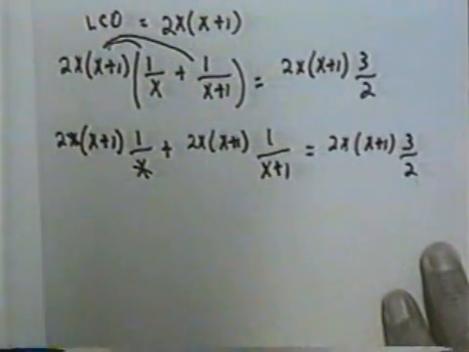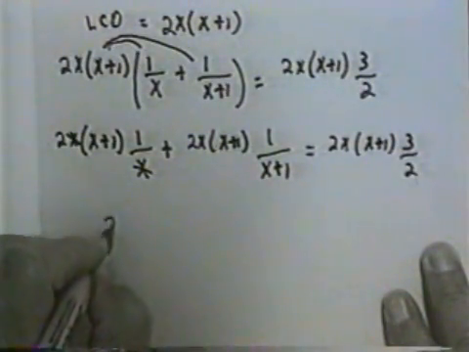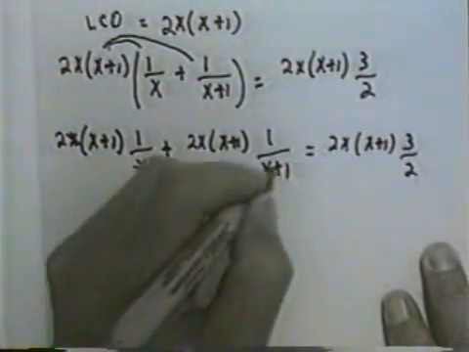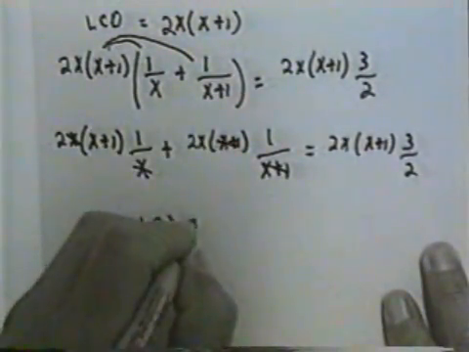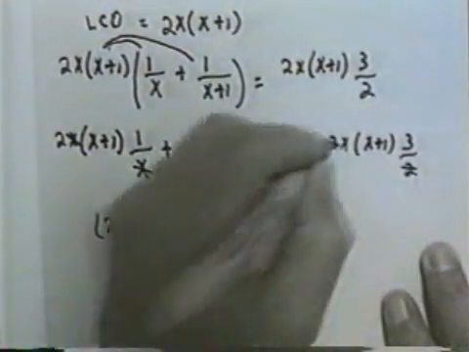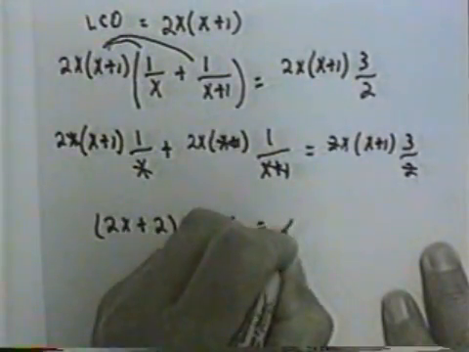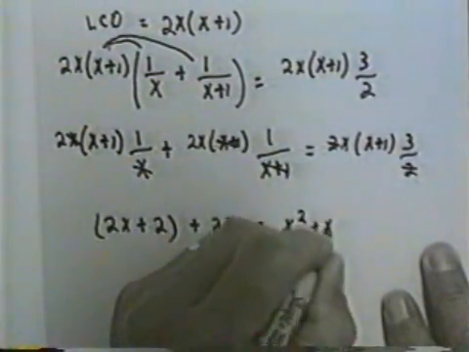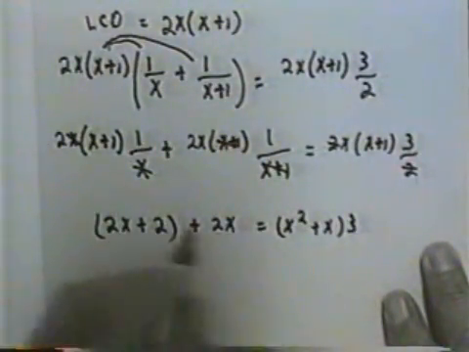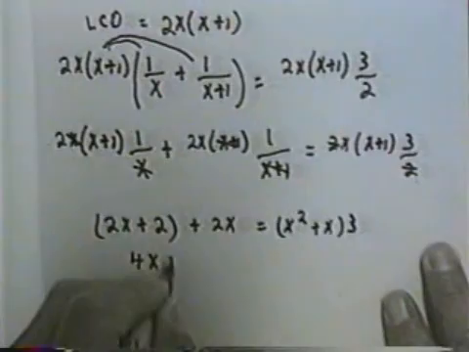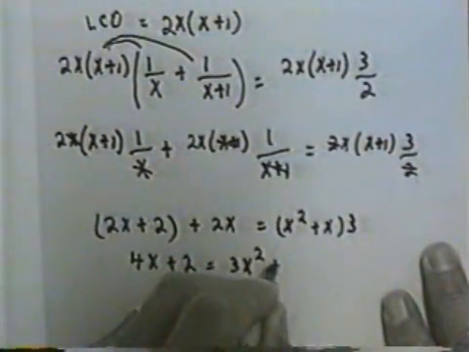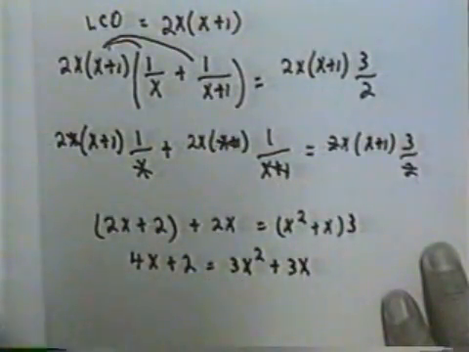Here the x's will cancel. That leaves me with 2x plus 2. Here the x plus 1's will cancel. That leaves me with plus 2x. Here the 2's cancel. That leaves me with x squared plus x times 3. Or if I combine terms, I get 4x plus 2 is equal to 3x squared plus 3x.